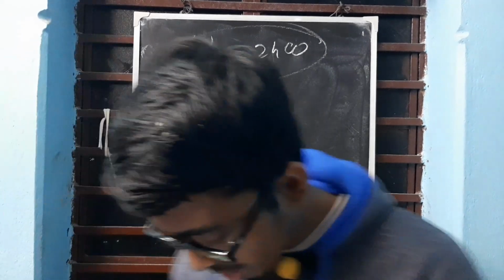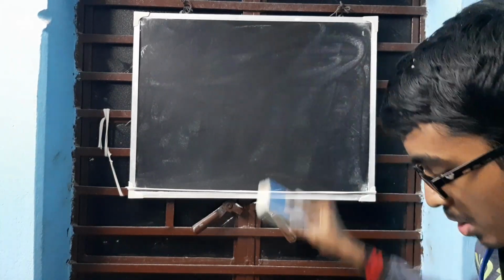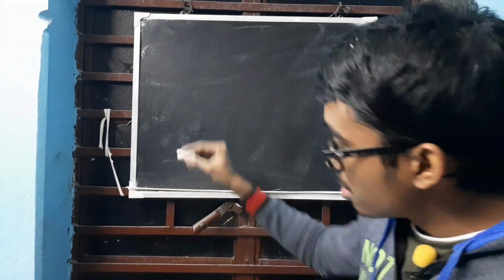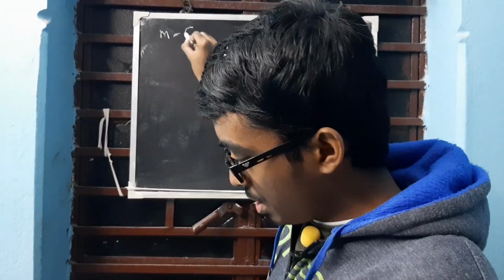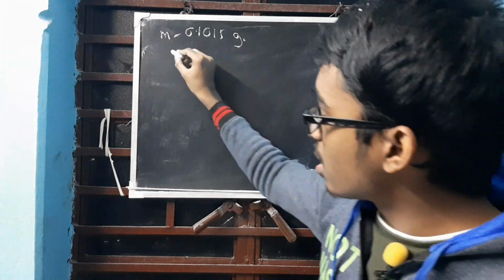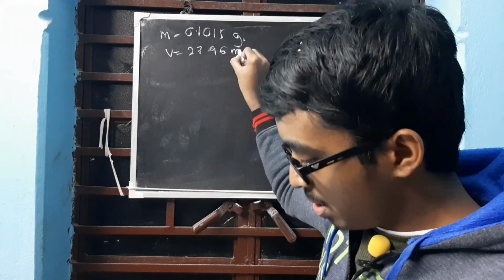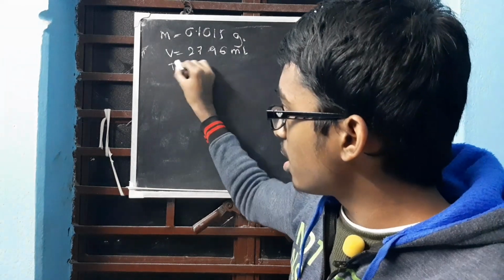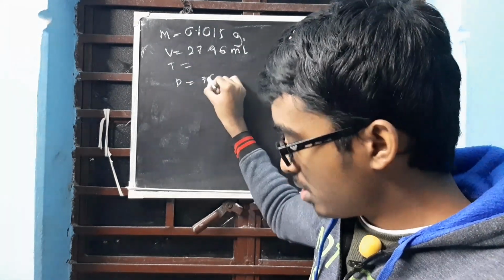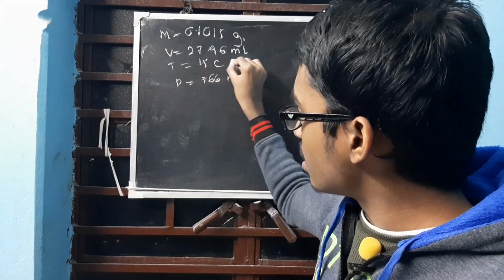So here you have to check what you need to do. Let's solve this sum. What is given in the question? Mass is given, 0.1015 gram. Displaced volume is 27.96 ml. Then temperature and pressure are given: 766 mm, and temperature is 15 degrees Celsius.